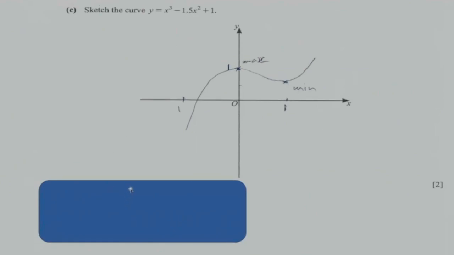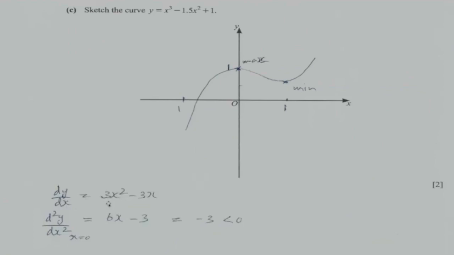Then we get the second derivative. dy by dx is 3x squared minus 3x, so the second derivative, d squared y over dx squared, is 6x minus 3. When x equals 0, this is 0 minus 3, which is less than 0.